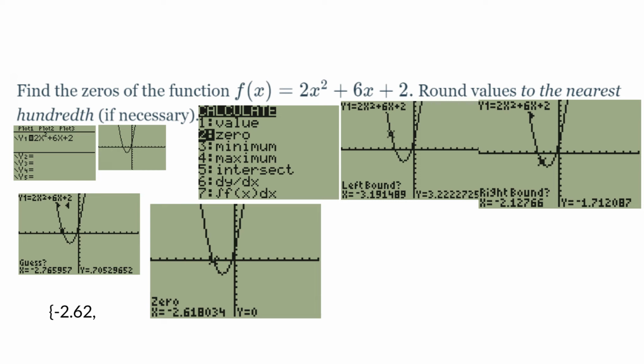So here we go. We go second, calculate, which is the trace button. We are still looking for a 0. We are just now looking for the second leg 0. So we go left bound. Hit enter. We go right bound.